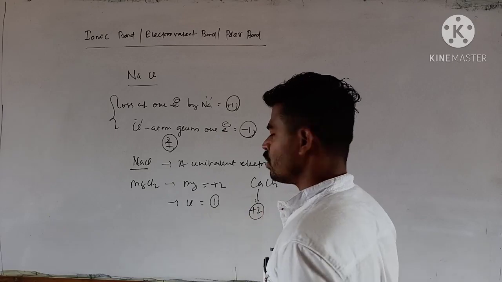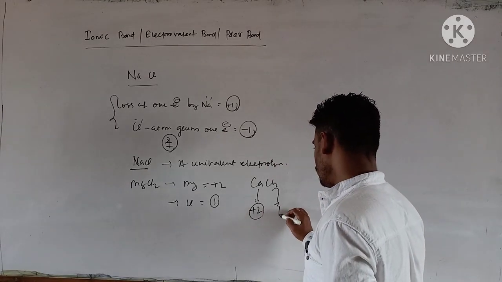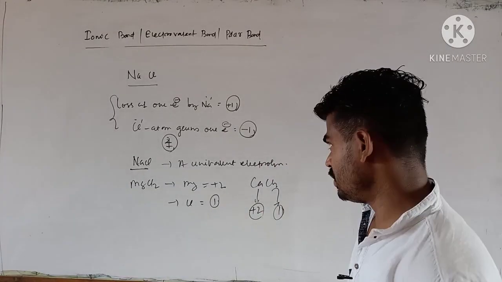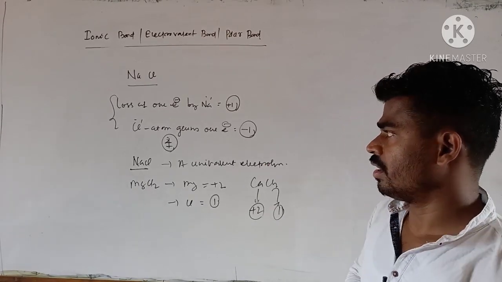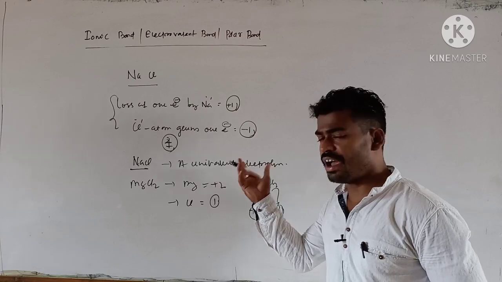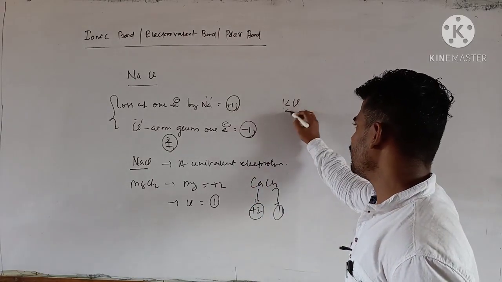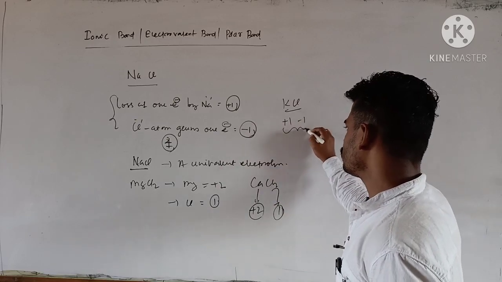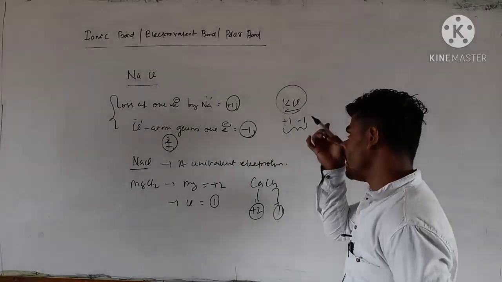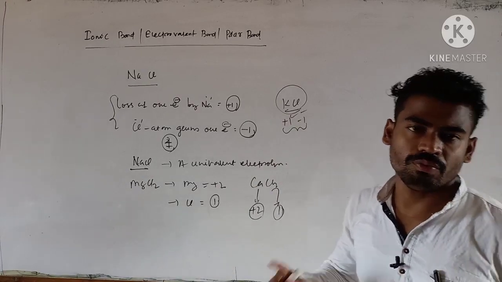That will be +2, loss of 2 electrons, and chlorine has 1. So this is the concept of valency in the formation of an ionic bond. If you consider KCl, a univalent electrolyte, potassium loses 1 electron to give +1, and chlorine is -1. So the valency of each species is regarded as 1.